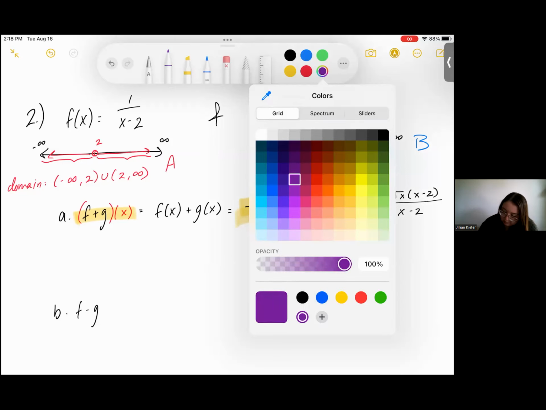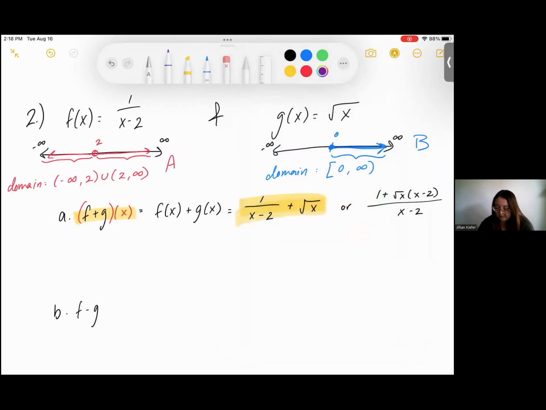Let's say purple. We'll add purple to our list here so it's easy to pick. But so our domain is going to be A intersect B. So this is our domain. We know what the domains are for A and B, but we want that combination.